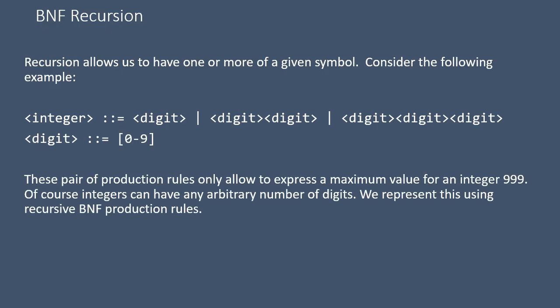The problem with this is that the maximum value that we could get for an integer using this production rule is 999. And of course, integers can have any arbitrary number of digits. So we need to represent recursive production rules that allow us to have integers with any number of digits.